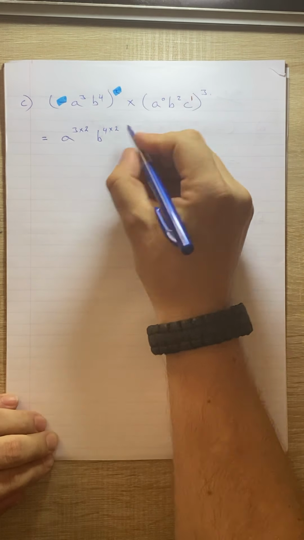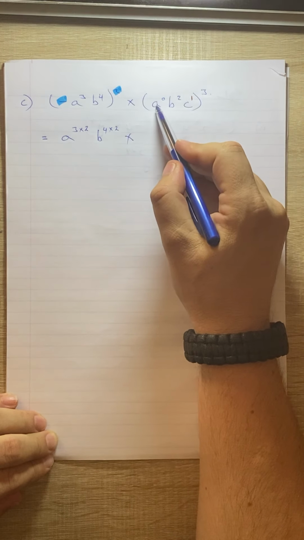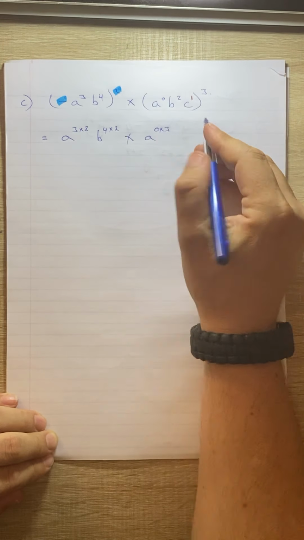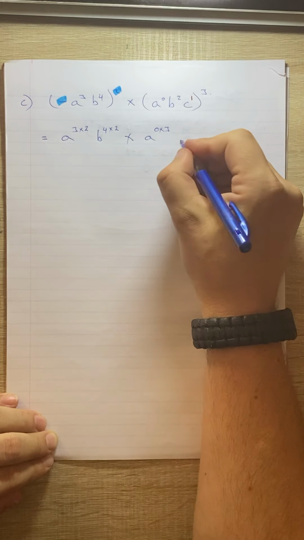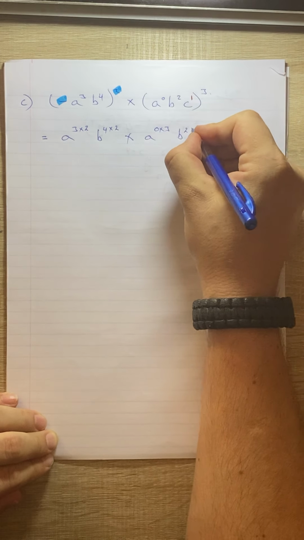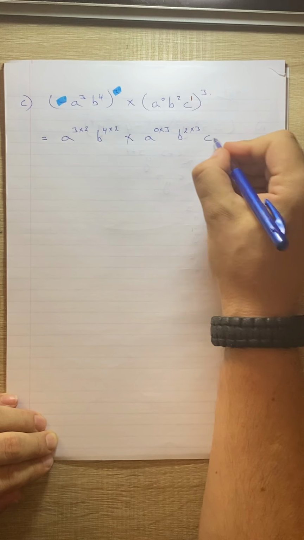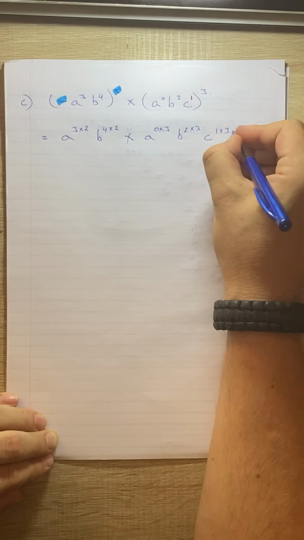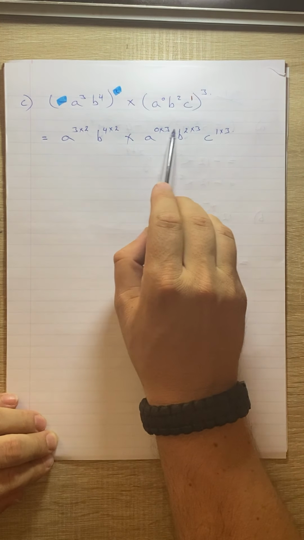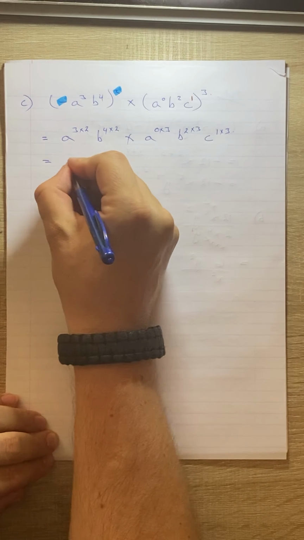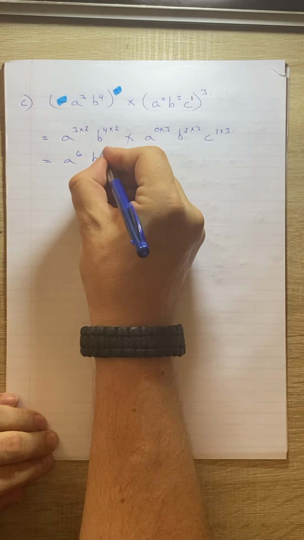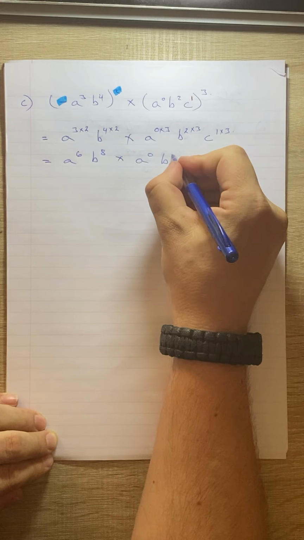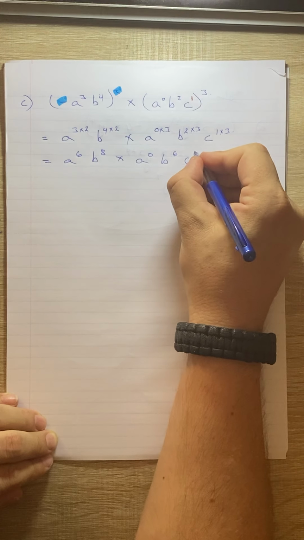Then again for the next one, and likewise for the last one, something to the power of something raised to another power, you multiply the exponents. So what I'm going to do is just simplify these exponents for each one. So we get a to the power of 6, b to the power of 8 multiplied by a to the power of 0, b to the power of 6, c to the power of 3.